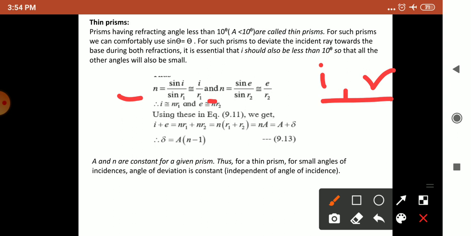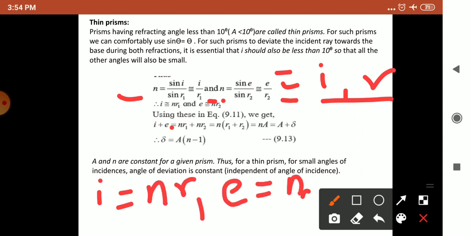Then refractive index n is equal to sin E upon sin r2, which again equals E upon r2, where E is the emergent angle. Then I is approximately equal to n into r1, and E is equal to n into r2.